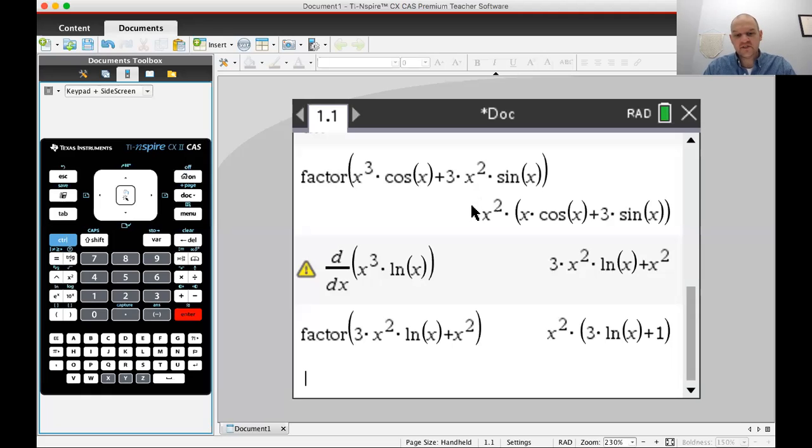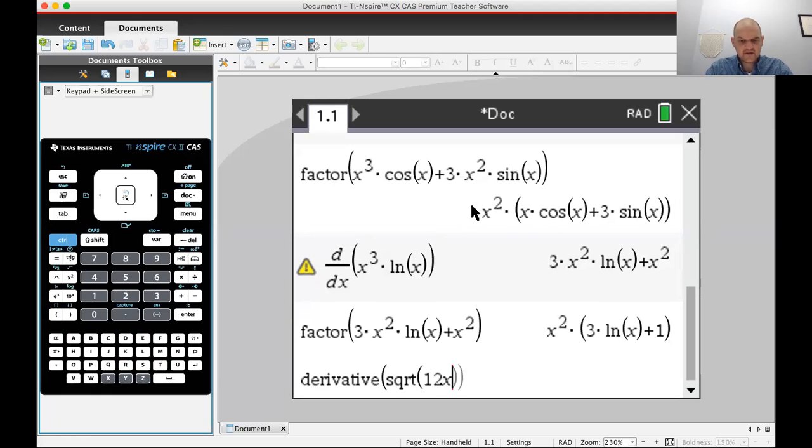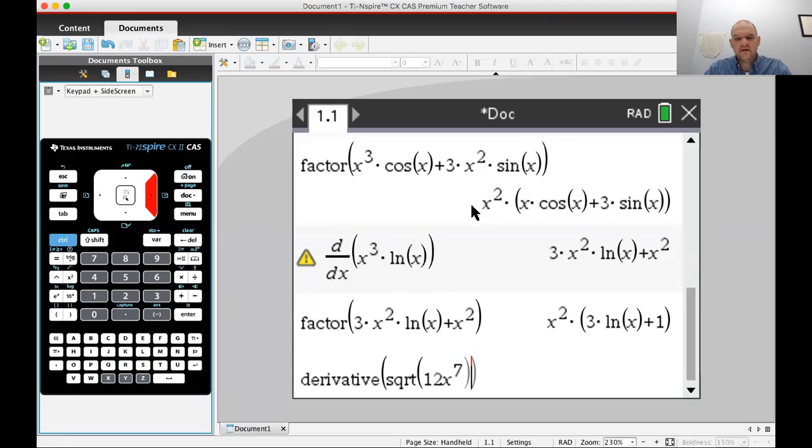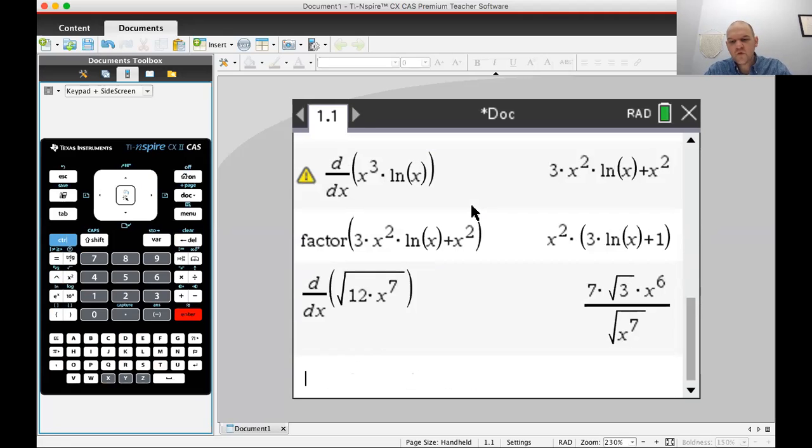This is still the last problem that we were doing. I want the derivative of the square root of 12x to the 7th, and x is the variable. Whoa, I was not expecting this answer. So 7/3, and then it's x to the 6th. Why did it do this? Let's take a look.